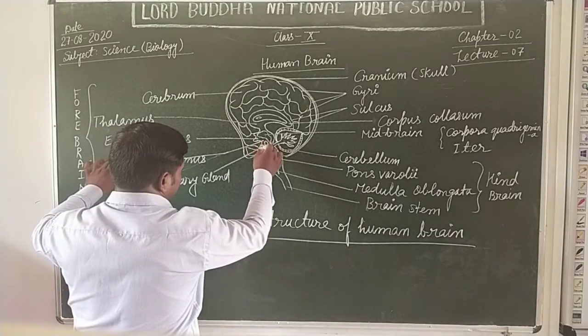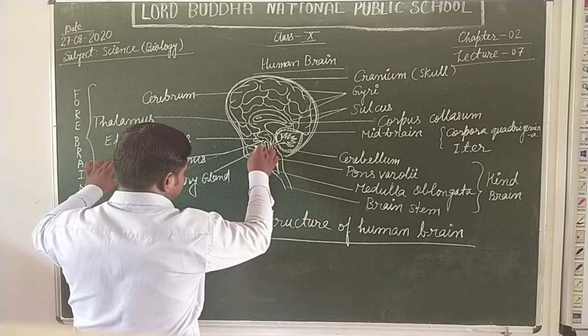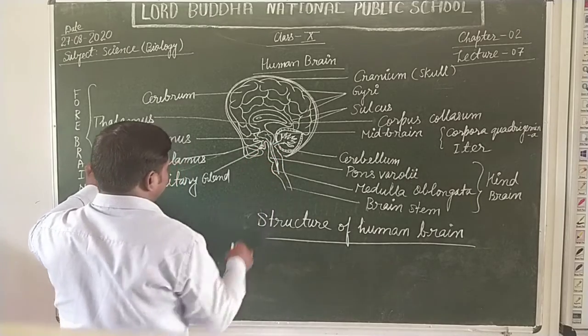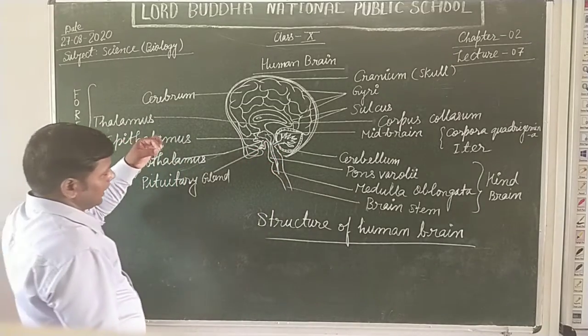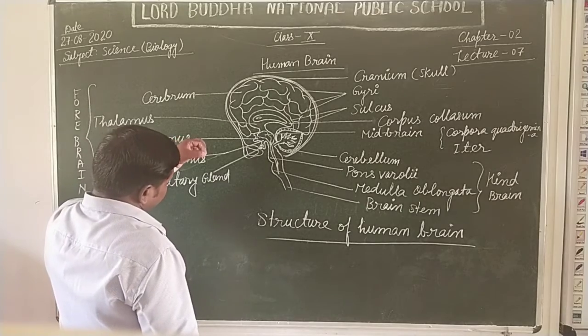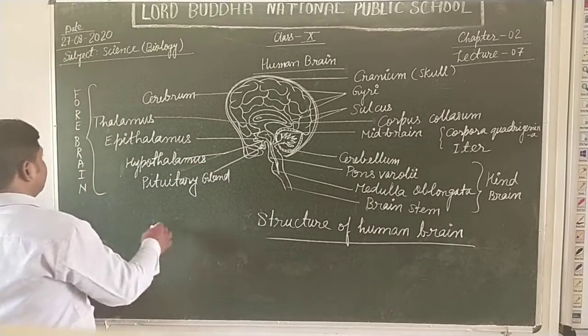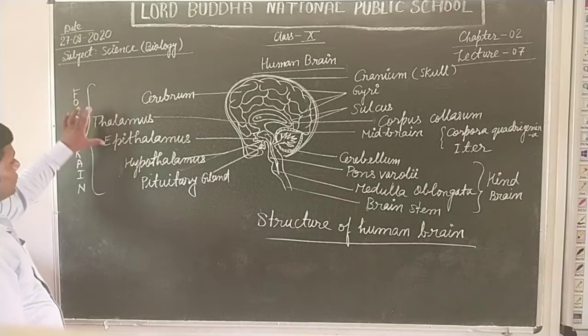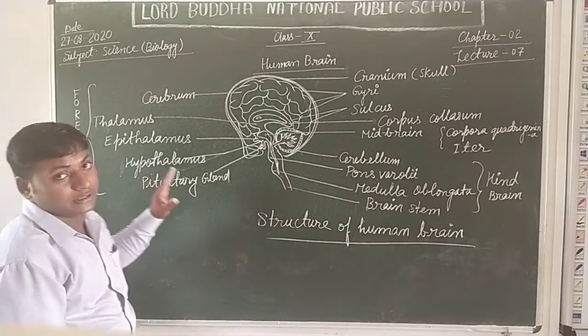This stalk is called infundibulum. With the help of this stalk, the pituitary gland hangs in the forebrain, and thalamus, epithalamus and hypothalamus are collectively called diencephalon.